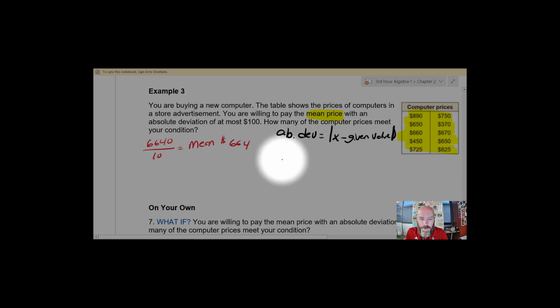Our absolute deviation is $100. That means the give or take, $100, is equal to the absolute value of x minus 664. So that's how we normally set this up. But notice you're willing to pay that at most, which means you want to not go over that. So these equal to symbols mean you want to stay under that or equal to that.